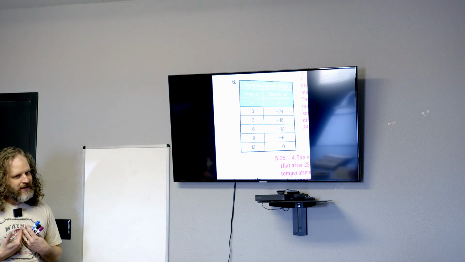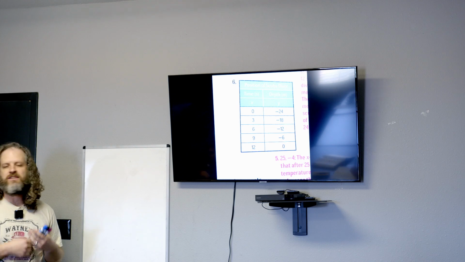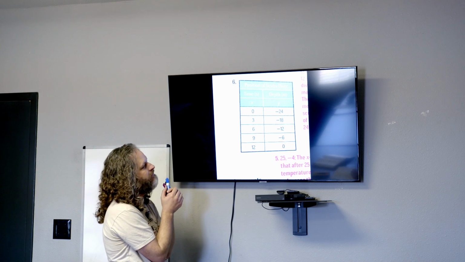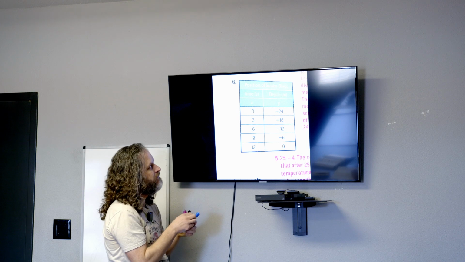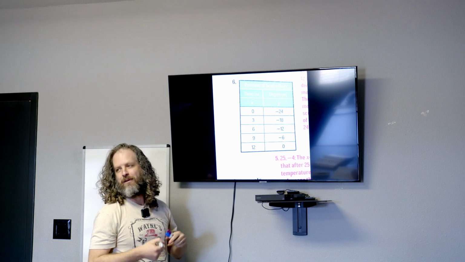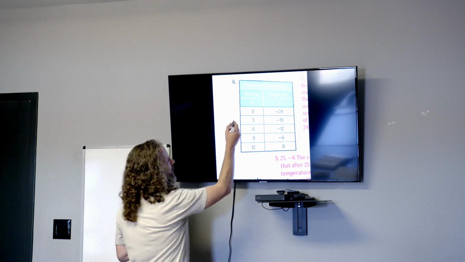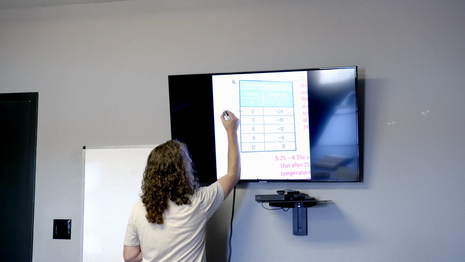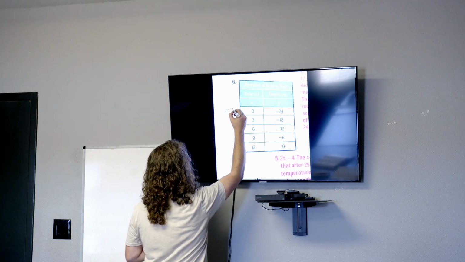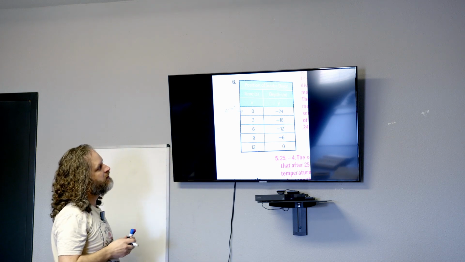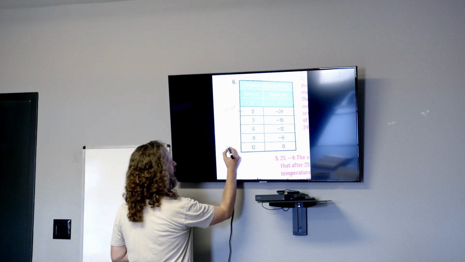At the y-intercept, what is x equal to? 0. So where's the x-intercept? That's the y-intercept, right? Remember, it's the opposite. For the y-intercept, x is 0. So this right here would be the y-intercept. And this one right here would be the x-intercept.